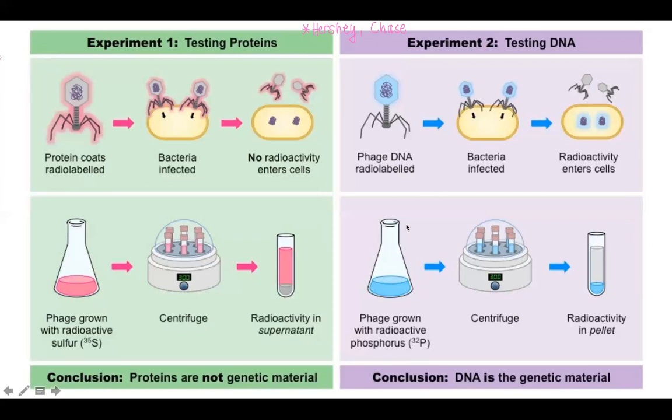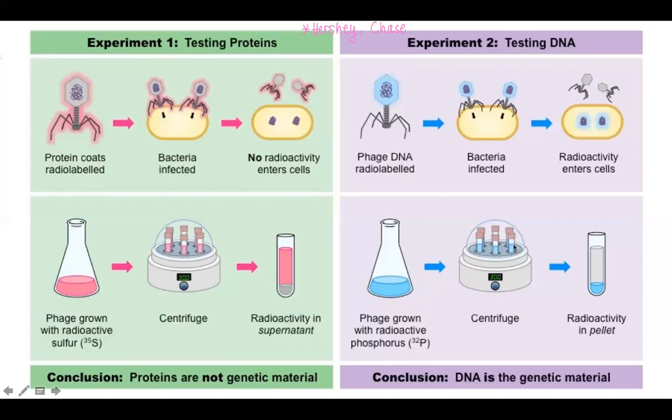So the second setup was they had the bacteriophage whose DNA was radio labeled. So again, they allowed this bacteriophage to infect bacteria. And then after infection, they grew this in a culture. So you have the culture grown with the bacteriophage having DNA radio labeled.